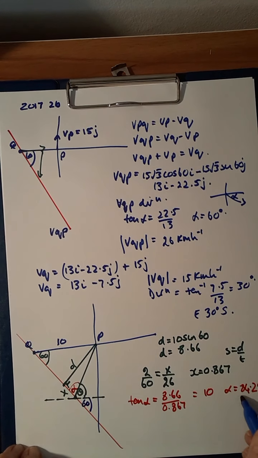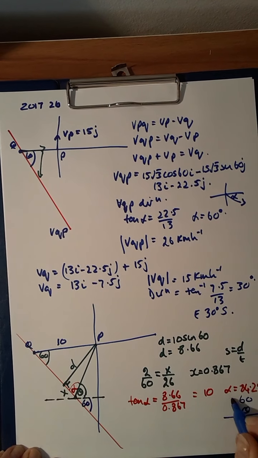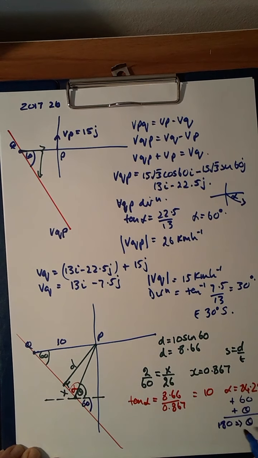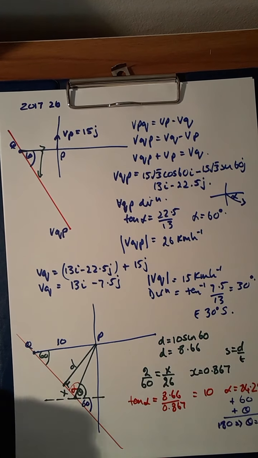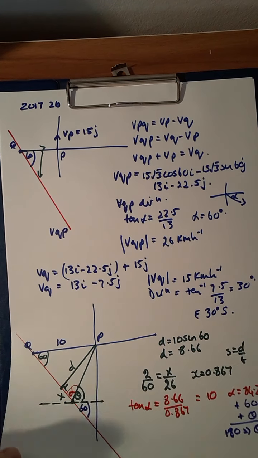Of course, I'll add 60 to it, and if I add the 3 of them, I should get 180 degrees, which means if I add those and take them from 180, theta is 35.7 degrees. Okay, so that was the second part of the question. The velocity of Q was the first part, finding the value of theta was the second part. Now look at the third part.